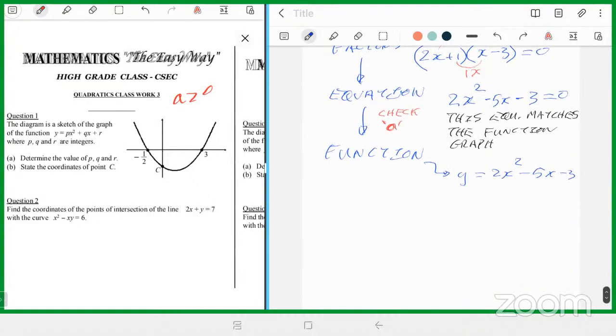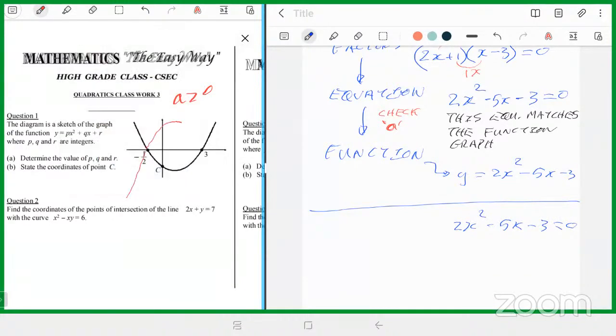Now let me show you: if instead we had 2x squared minus 5x minus 3 equals 0, but our graph was this red graph that I'm going to draw instead, a frown graph and not the black one, then our A would have to be negative, less than 0.